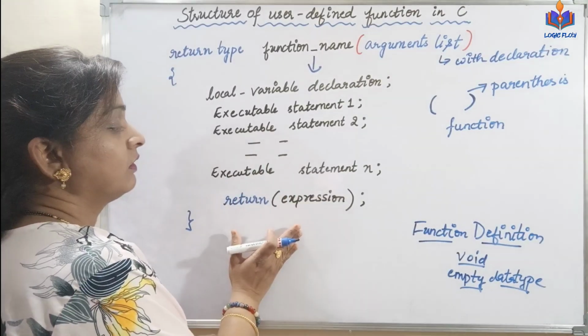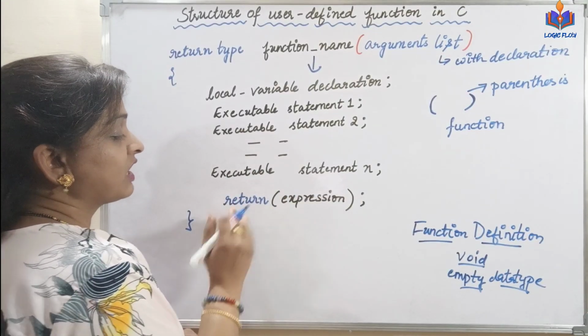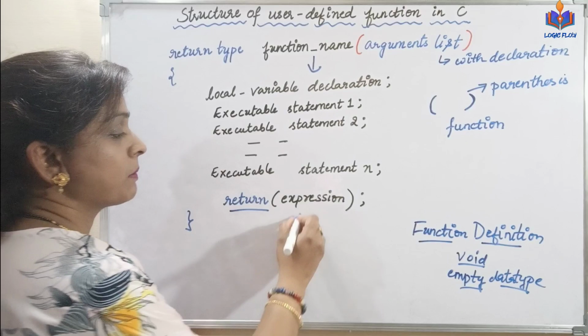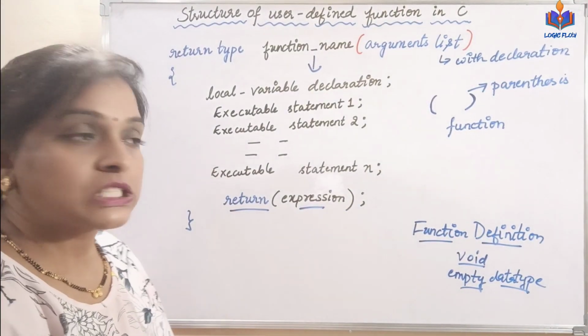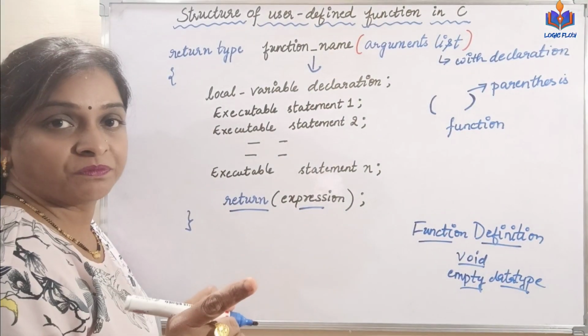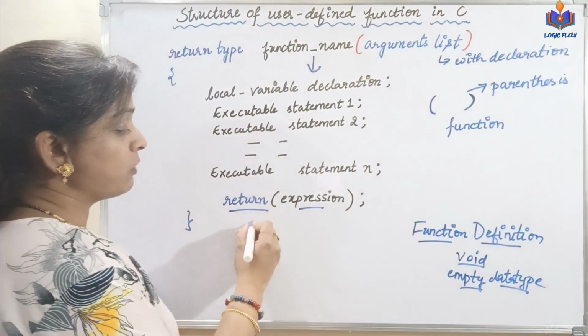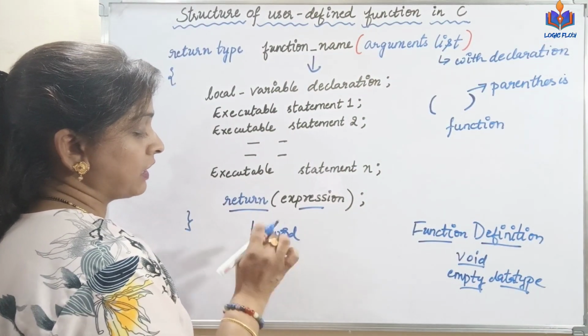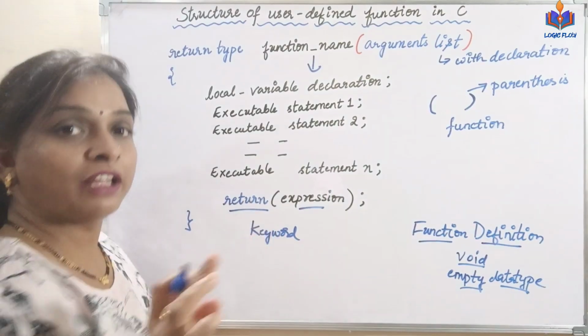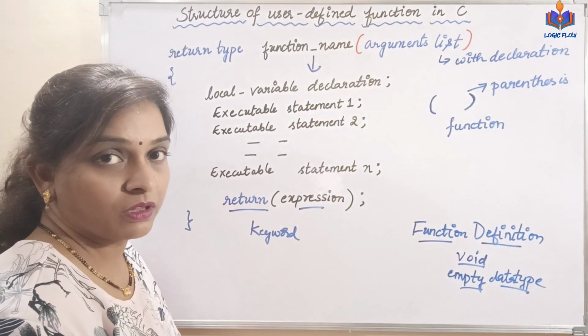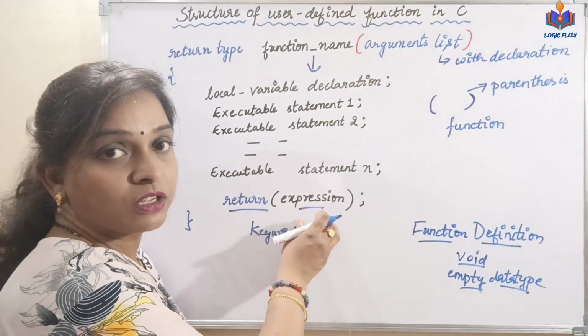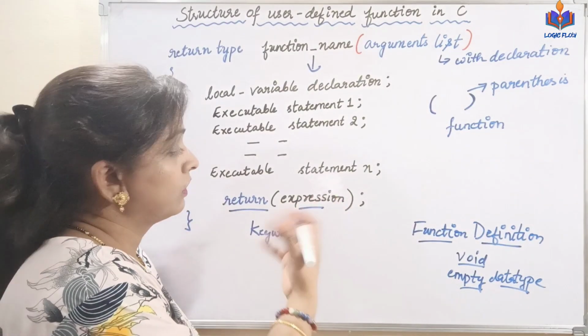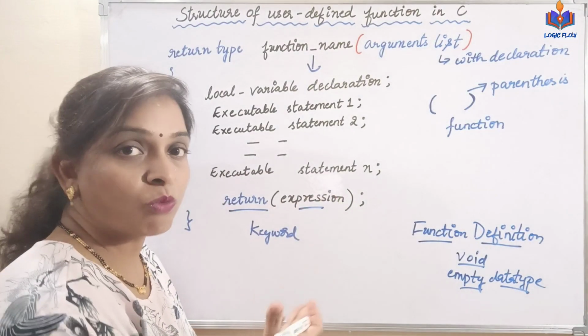And then you can see one more special thing here, which is the return statement with some expression. So what is this return? It's a keyword. What this return is going to do: as soon as the compiler encounters this return keyword, it will get to know that it has to return some value. So some variable or some expression will be involved there.